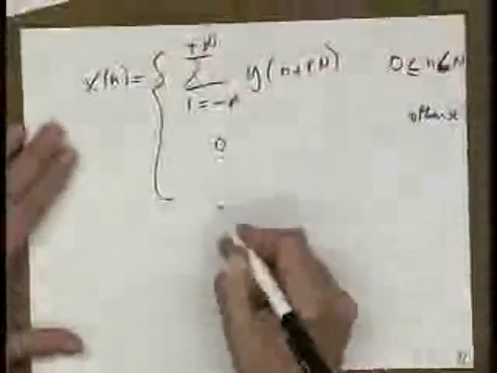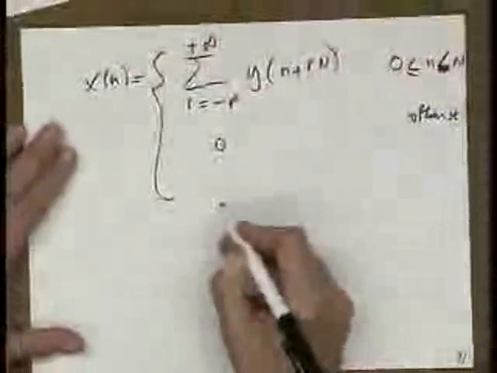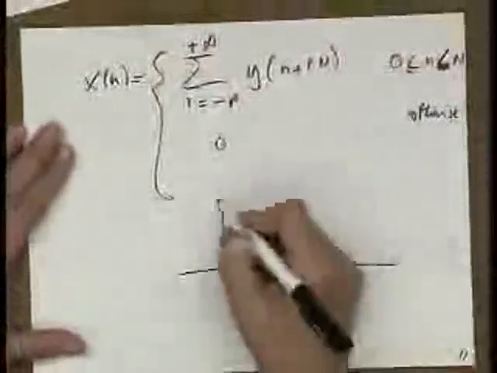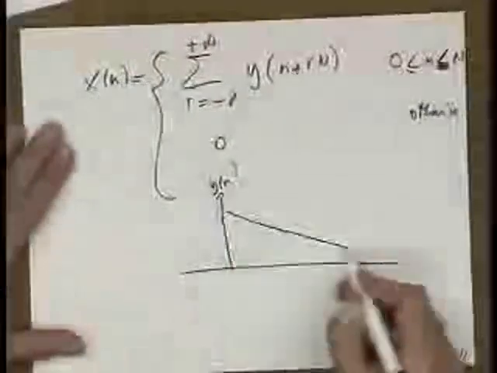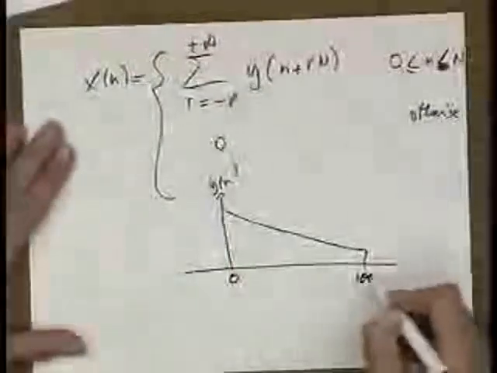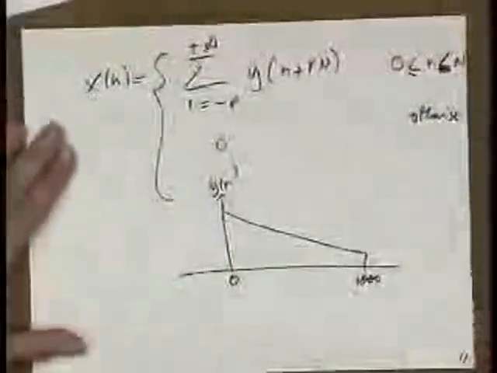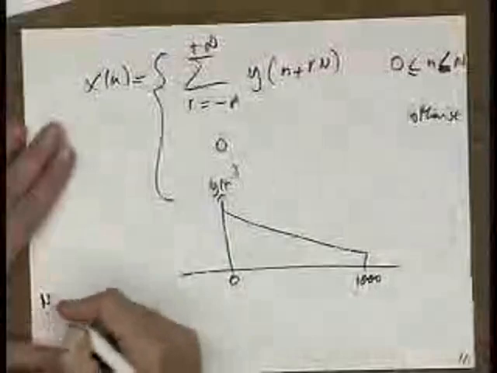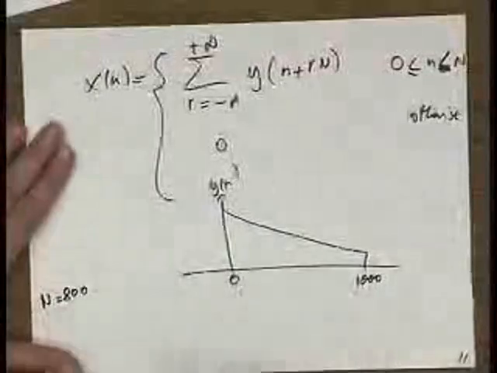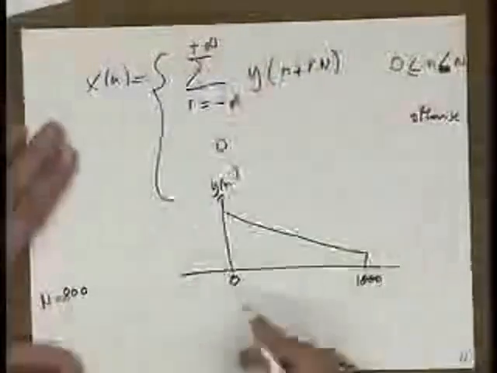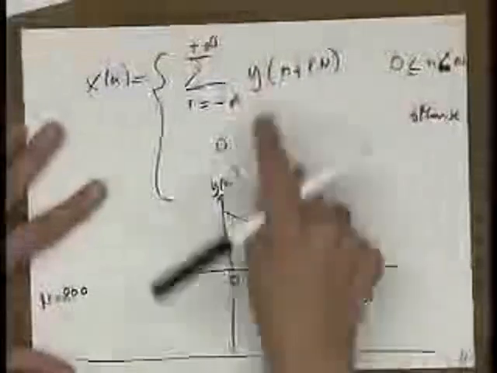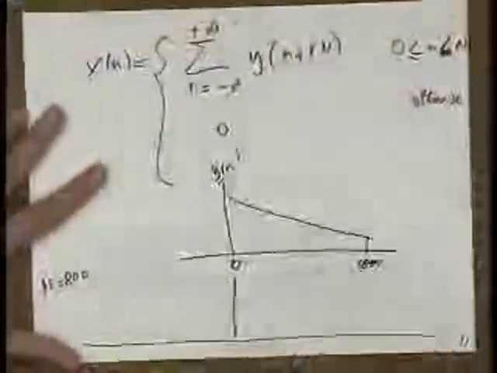Suppose that y of n, for example, was a 1,000-point sequence. It went all the way to 1,001 points. And suppose N was 800. So how does this function look? What do I mean when I say it's this periodic aliased version?